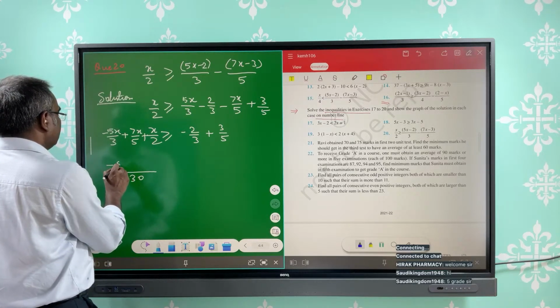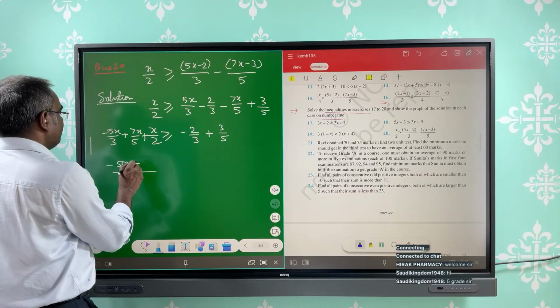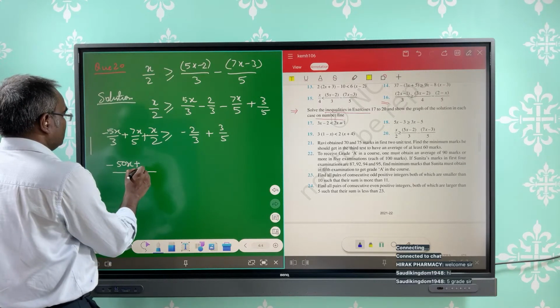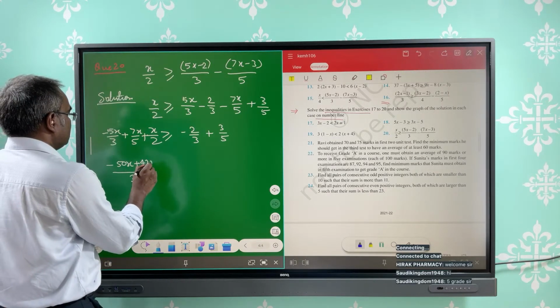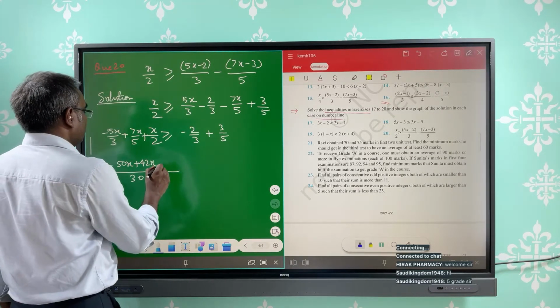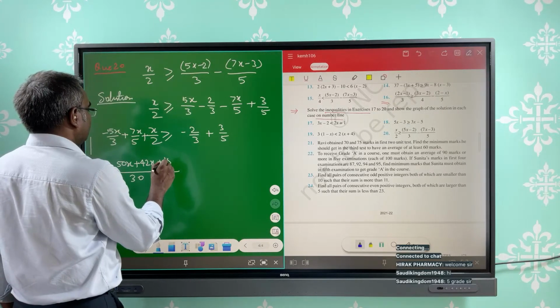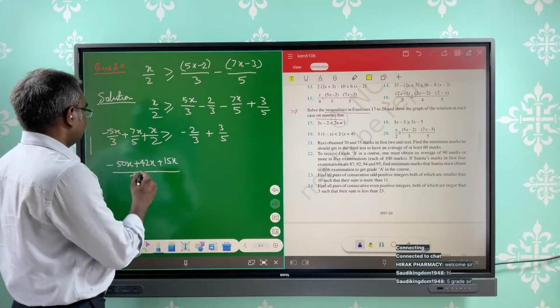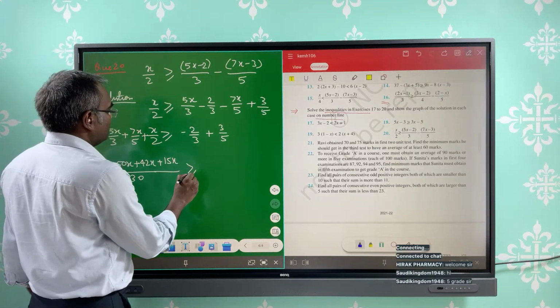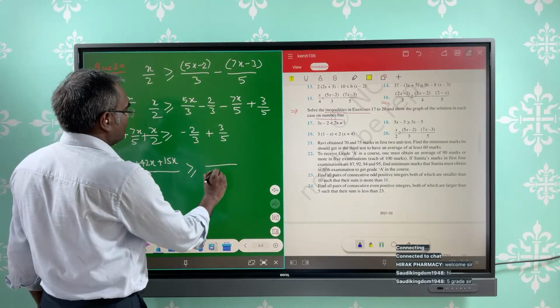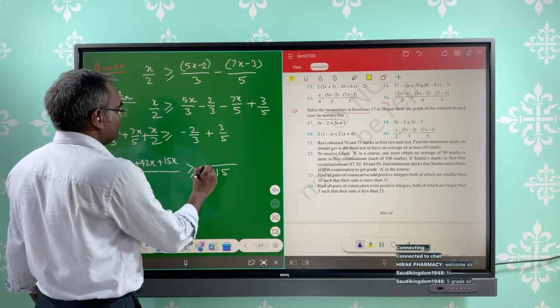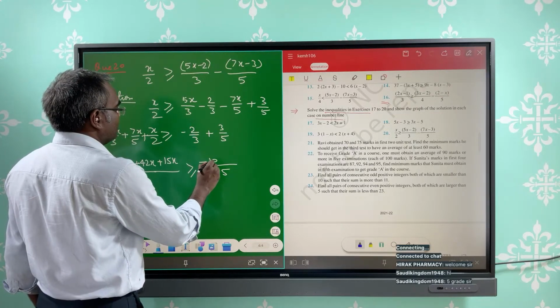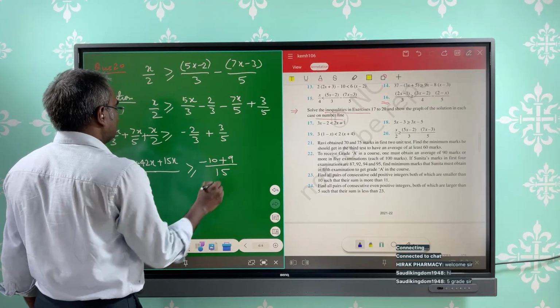So minus 50x plus 42x plus 15x is greater than or equal to minus, here LCM is 15, so minus 10 plus 9.